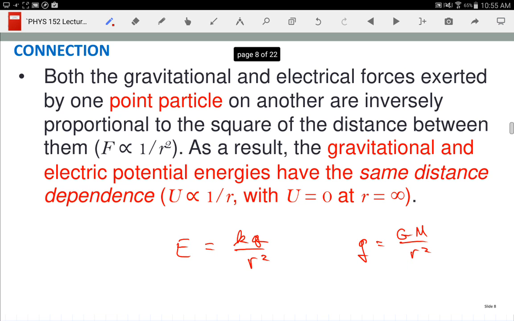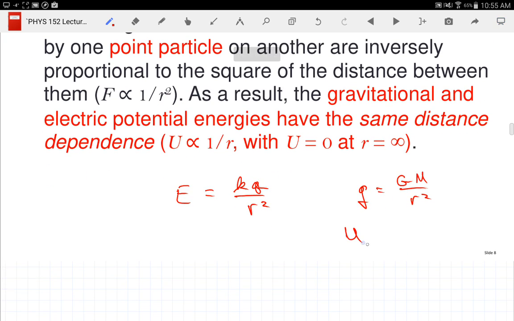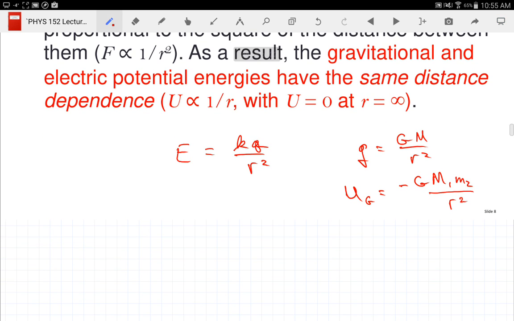From that, does anybody remember what the equation for the gravitational potential energy was? Nope. It was minus capital G M1 M2 over R squared. So following that example, what do you suppose the electric field potential energy equation is going to be?